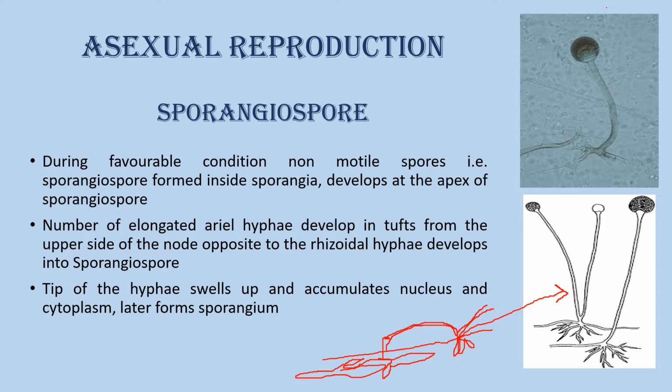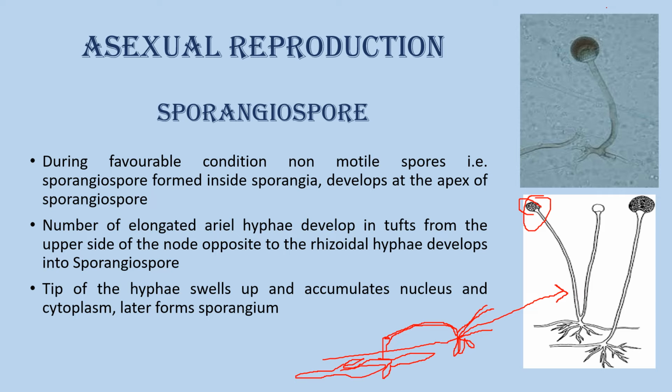Basically, the aerial hypha grows vertically upward, and the tip of the hypha swells to produce the sporangia. The sporangiospores produced inside this sporangia are haploid, that is mitotic, and this is a very common method of asexual reproduction.